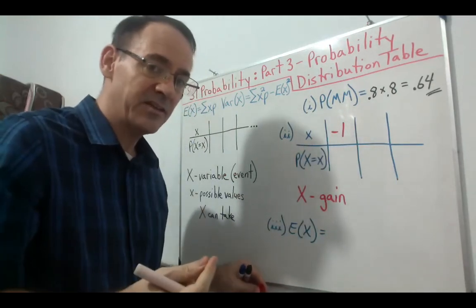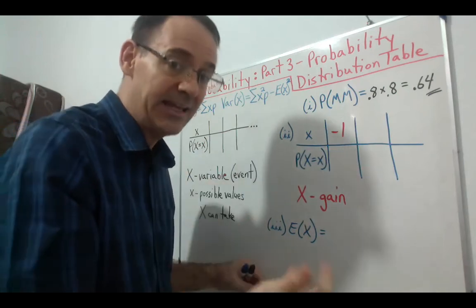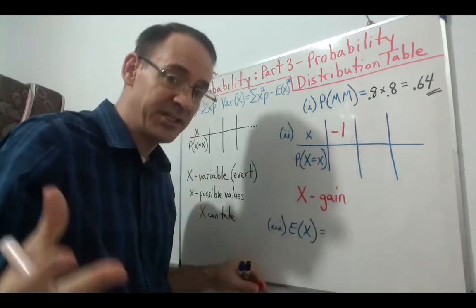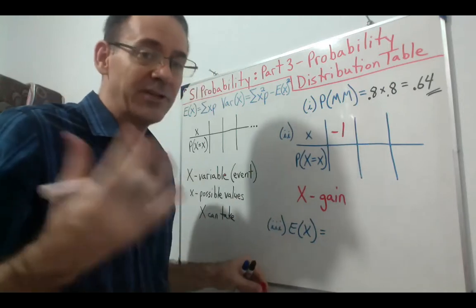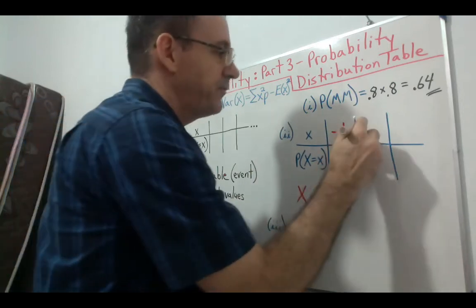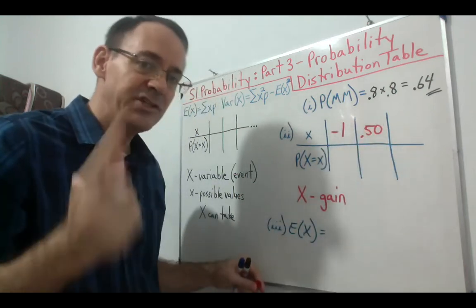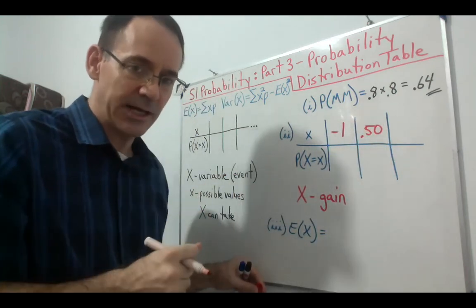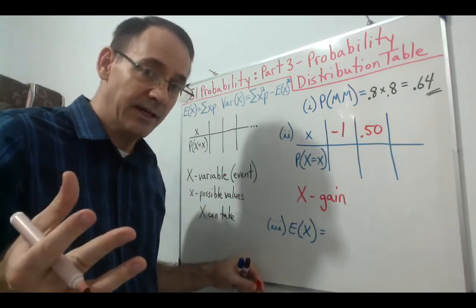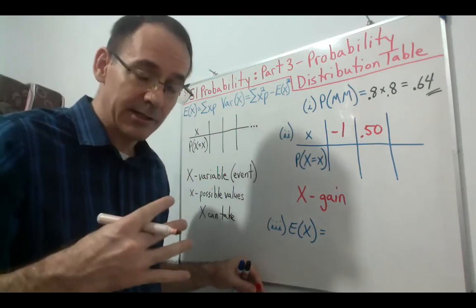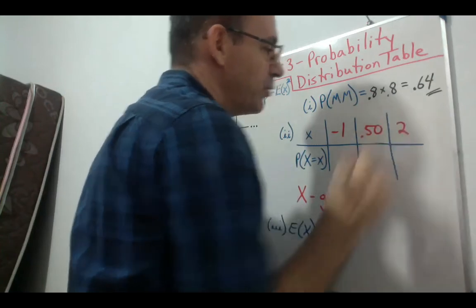If she hits the bell in 2 attempts, she gets a gain of only 50 cents. Remember, she gets back $1.50, but she paid $1. So that's only a gain of 50 cents, so 0.50. And then if she hit the bell on the first shot, she gets a total of $3, but she paid $1, so that's a gain of $2.